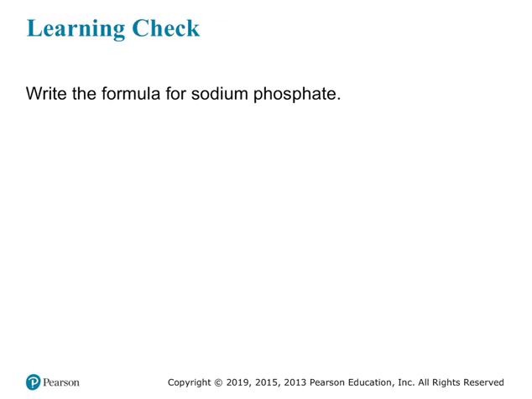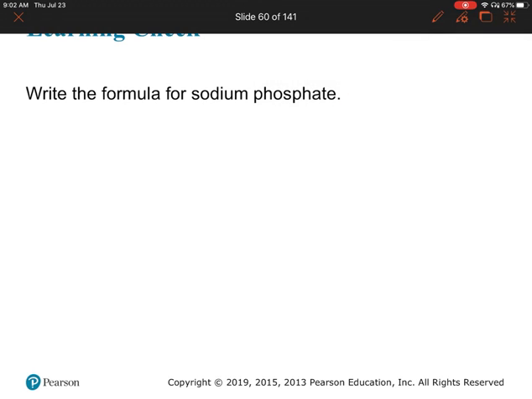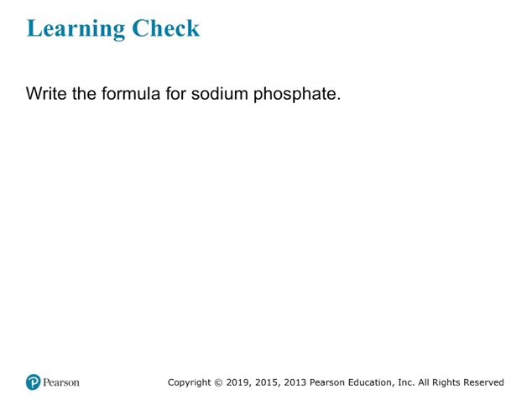Okay, so let's practice writing a formula for a compound that contains a polyatomic ion. We're going to write the formula for sodium phosphate. The first part of this name is a metal, and that is sodium.